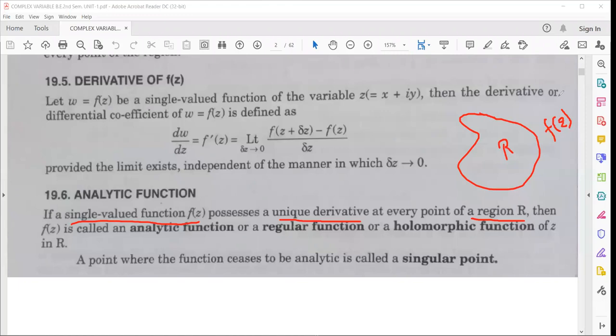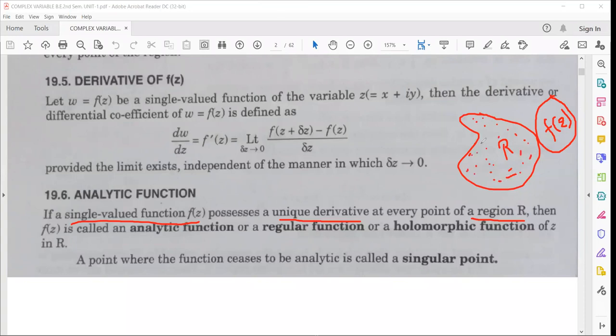So if the derivative of this function f of z exists at each and every point of the region R.